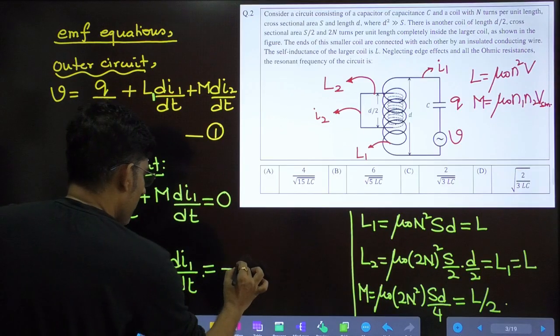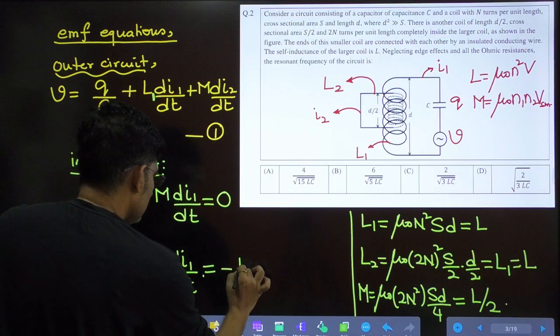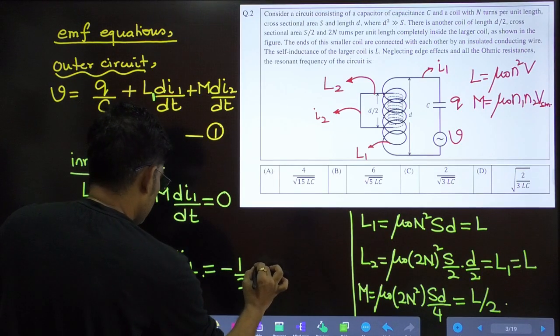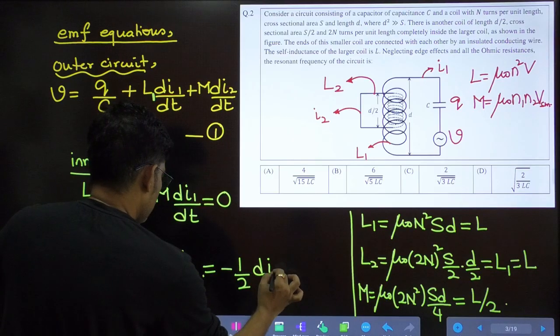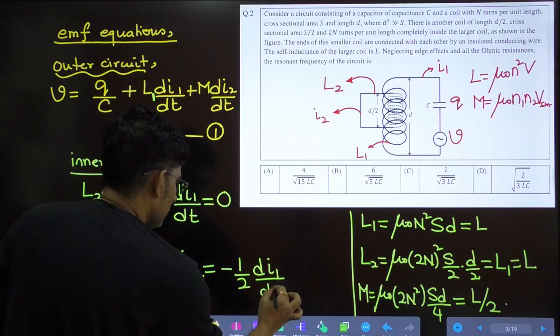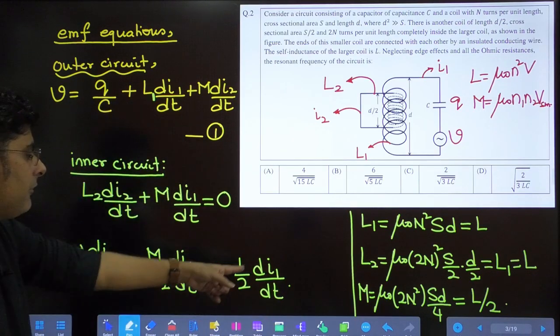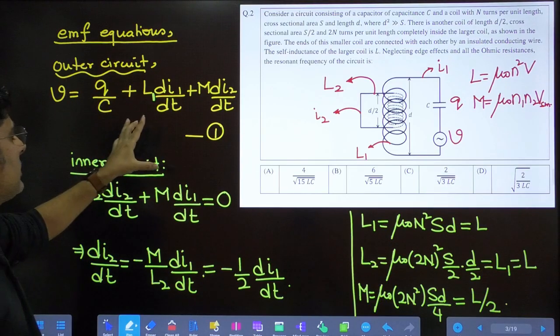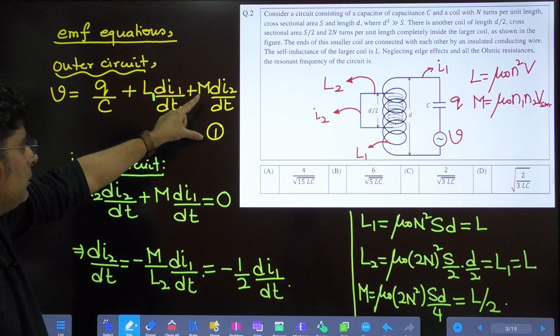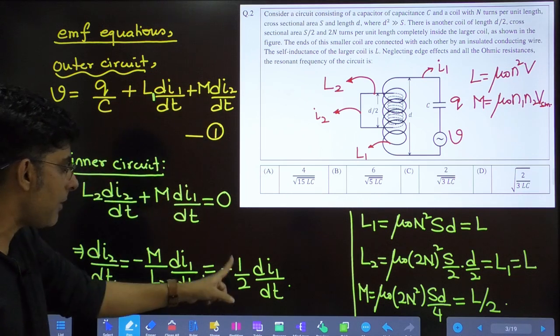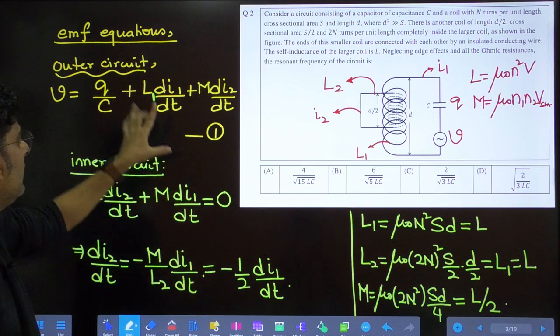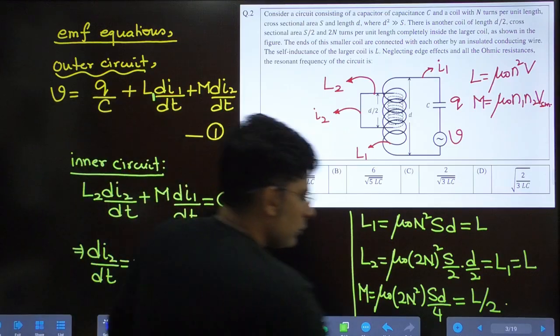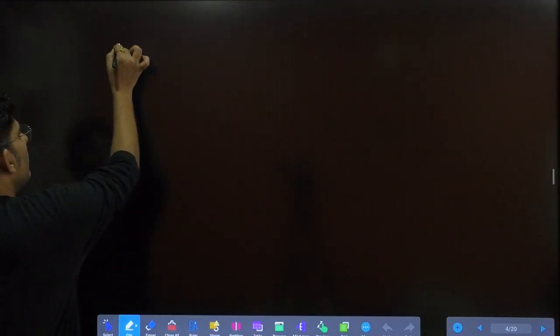So it becomes minus half di1 by dt. So if I write the equation again and I substitute the value di2 by dt as minus half di1 by dt, and we know already the value, so what we are going to get, let's quickly write the expression.